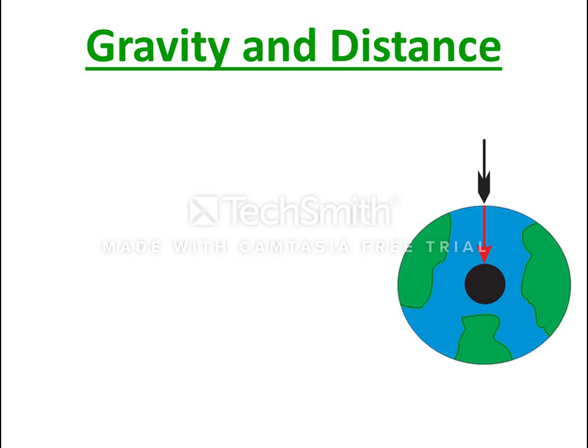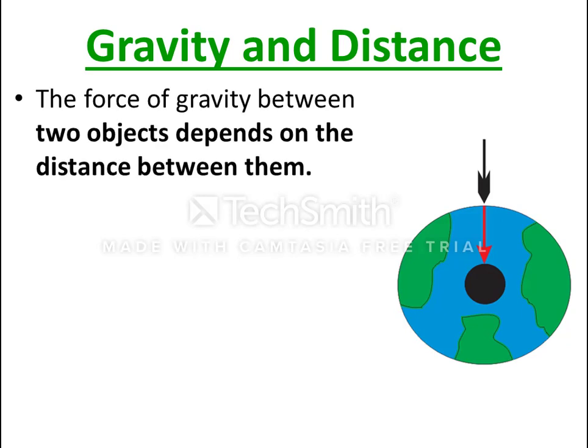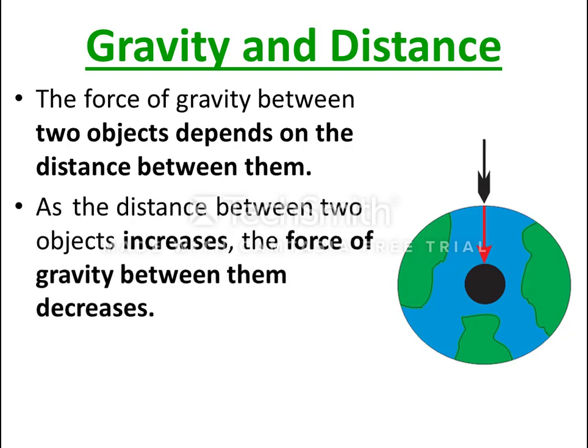He discovered that the distance and the gravity have a very strong relationship. The force of gravity between two objects depends on the distance between them. How? When the distance between two objects increases, the force of gravity between them decreases. What does it mean?